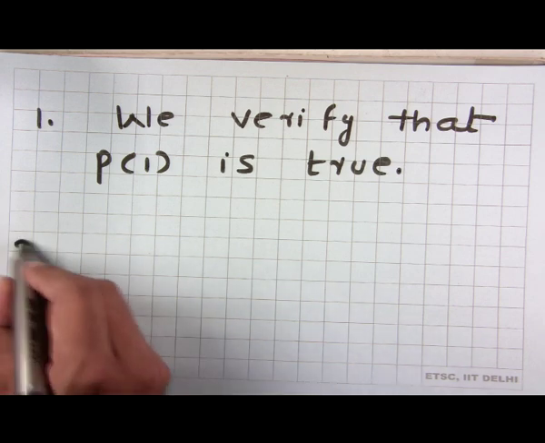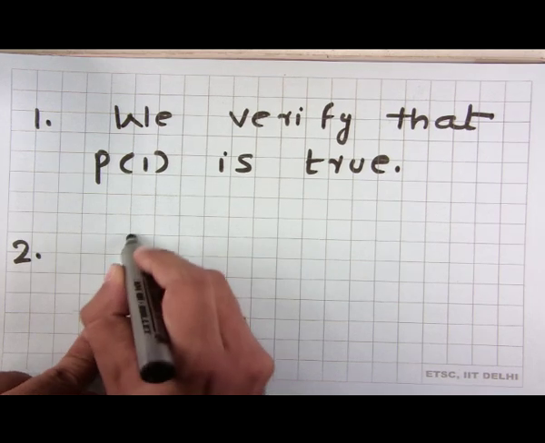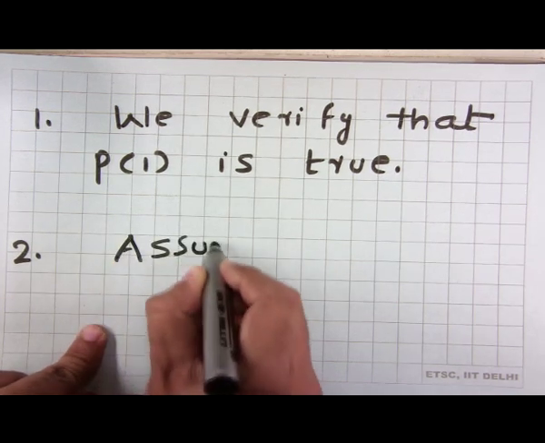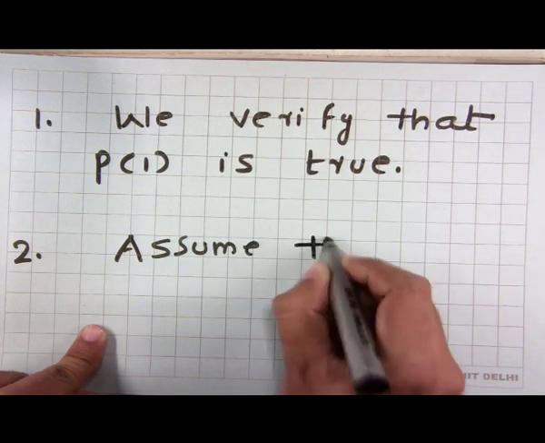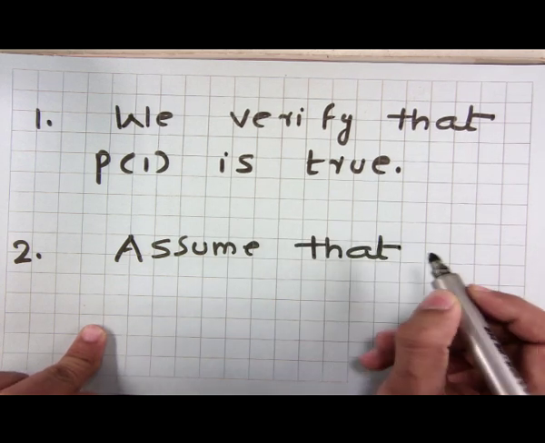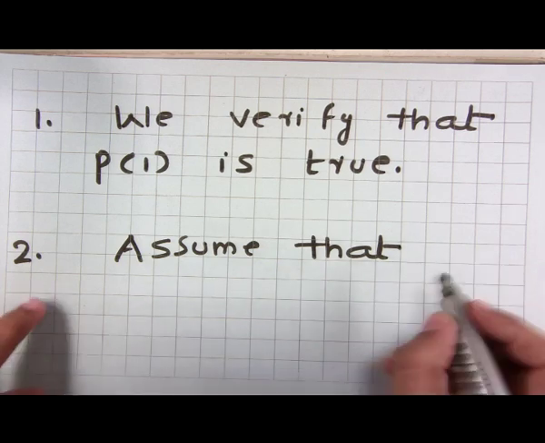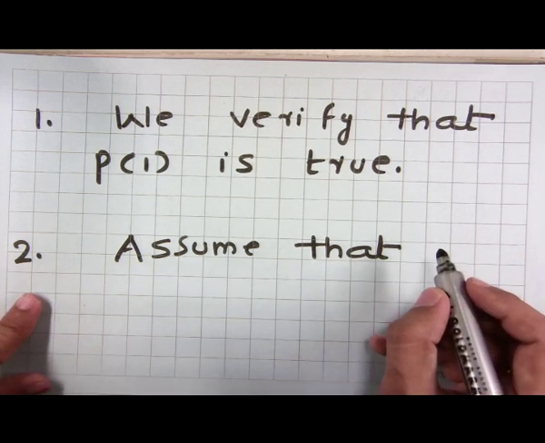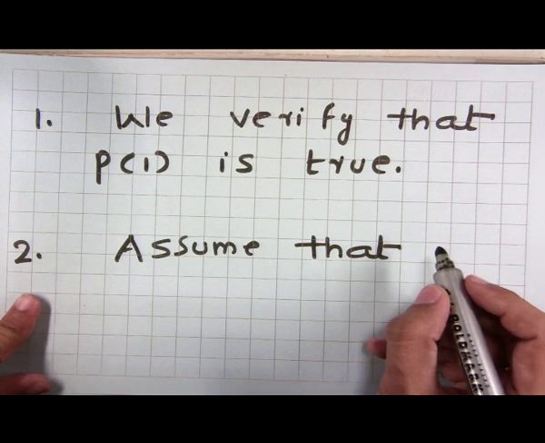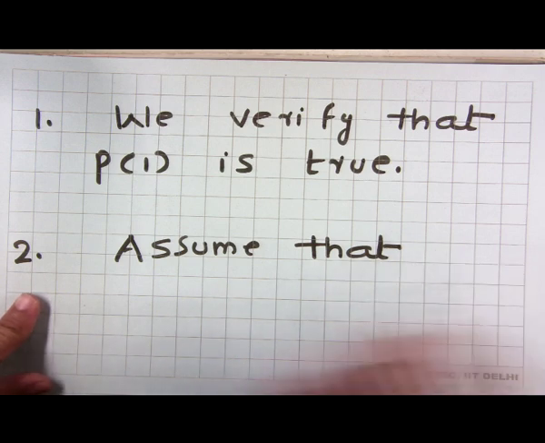And second step, assume that the given statement, namely P of n, is true for a specific value of n, say k.